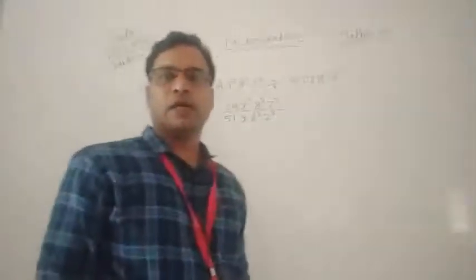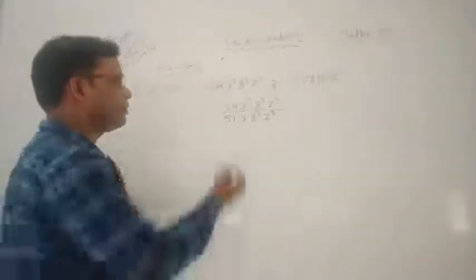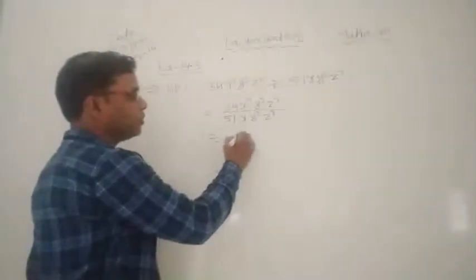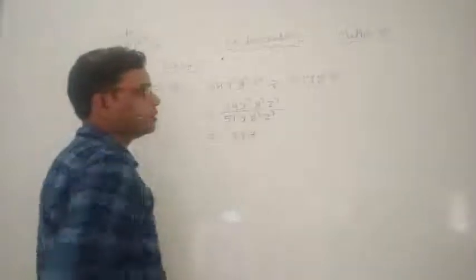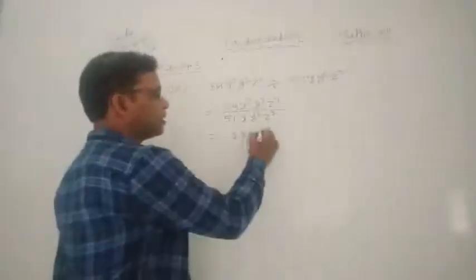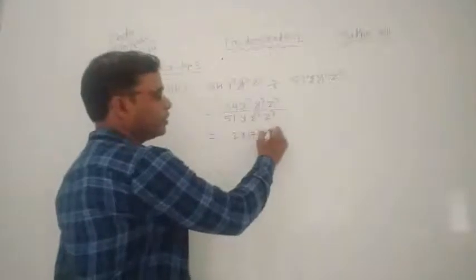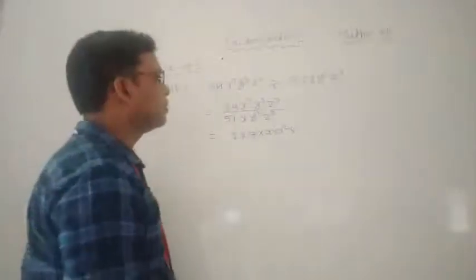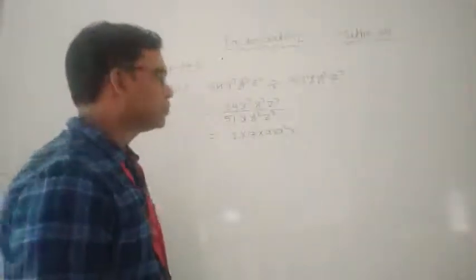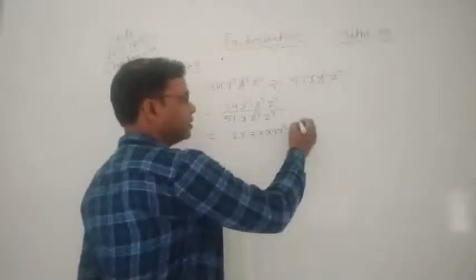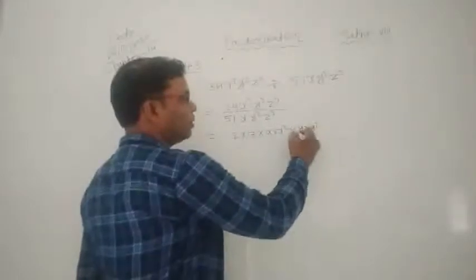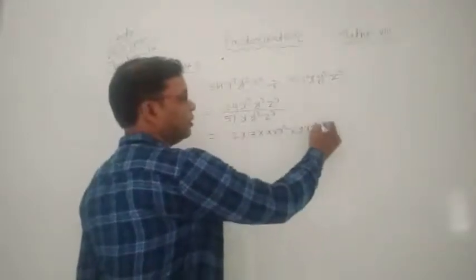This is the given question. We need to find its quotient. So 34 means 2 into 17. X power 3, you can write as x into x power 2. Now y power 3, you can write as y into y power 2, and z power 3.